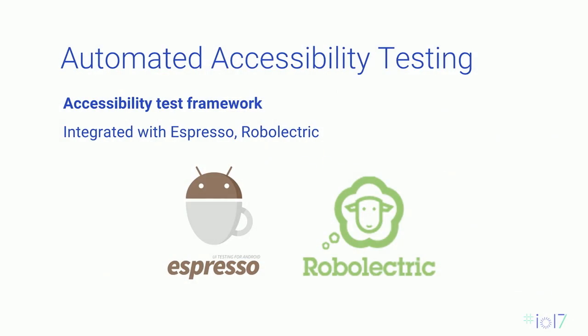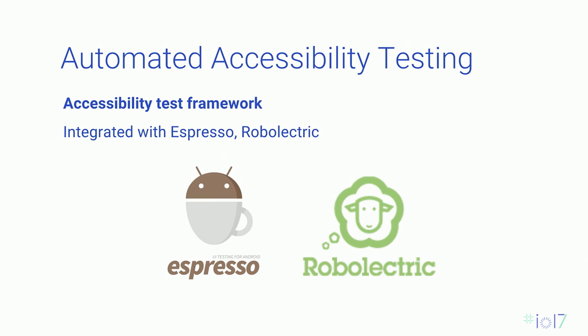And a bit about automated testing. We also created an accessibility testing framework to allow you to perform automated testing. Accessibility Testing Framework is an open source library that provides runtime evaluation on real Android UI constructs.